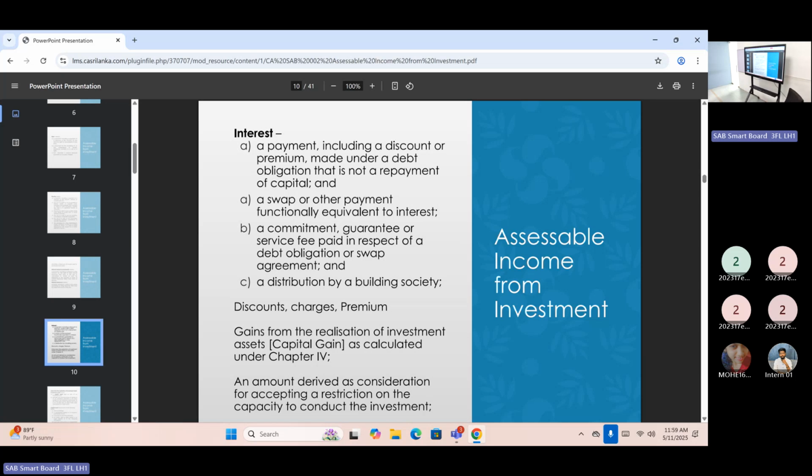So in that arrangement, you can see interest rate and foreign currency exchange rate. Is any gain there considered as interest for tax purposes? Very developed way. Right? So we are dealing in USD.